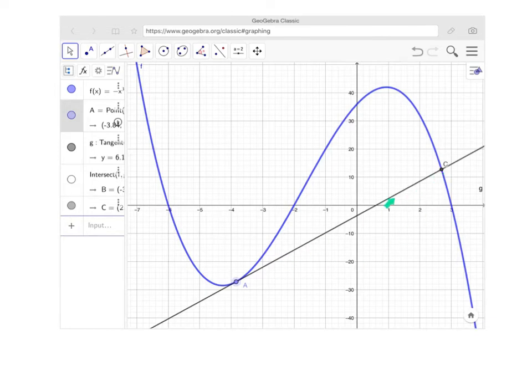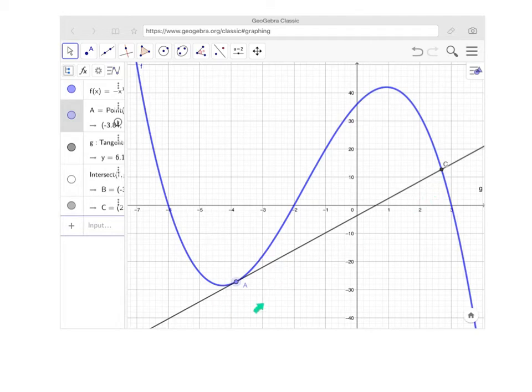But the tangent that we see here is only at A, it is not a tangent at C. This straight line may intersect the graph at two points, but it is a tangent only at A, it is not a tangent at C.